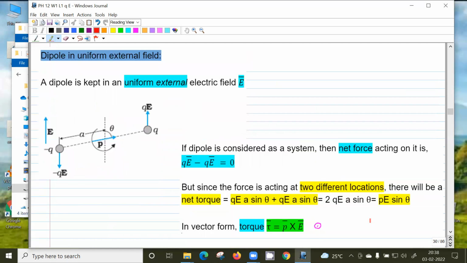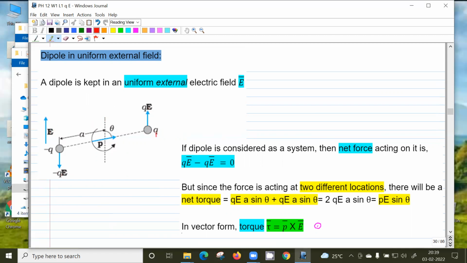When I put a dipole in a uniform electric field, the force on a charge placed in an external electric field is qE. And for this minus q, it's minus qE, and the direction of minus qE is opposite to the electric field. Here the electric field direction is vertically upwards.